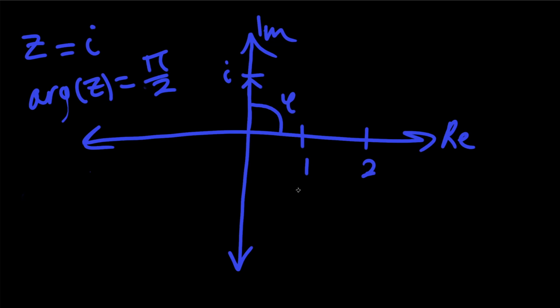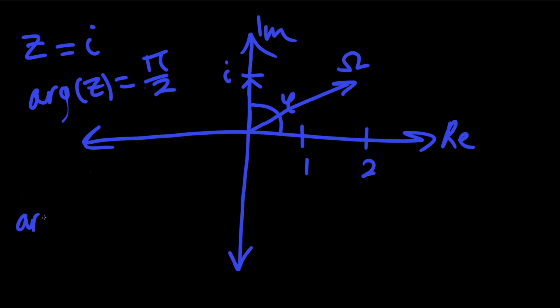Now, after this, it may be useful to find some sort of formula for the argument, but that's going to be a little bit trickier, because the formula for the argument actually depends on which quadrant the complex number is located in. So for example, if I have some complex number in quadrant 1, which is this quadrant, we can simply use this formula. Let's label this omega.